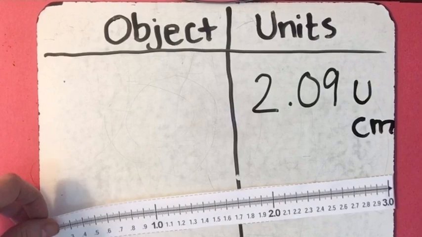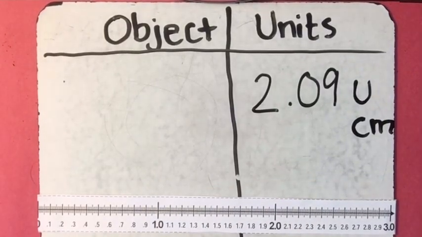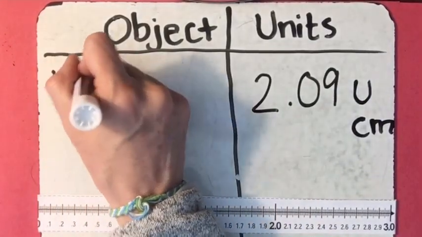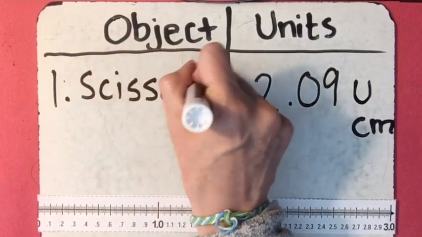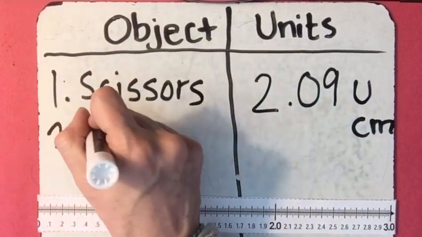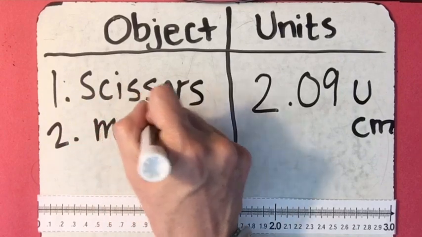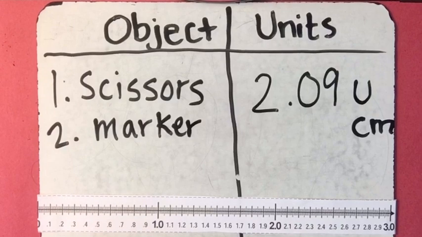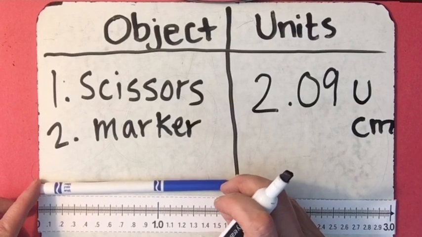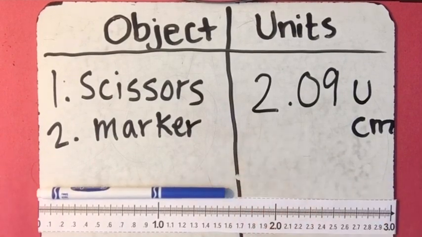Okay? Let's try a marker. So I better write this down. So I would write down scissors. And then I'm going to do my marker. And I can measure things that are bigger than this tool or smaller than this tool. That's totally okay. Because if you measure something bigger, you can go ahead and use this tool several times to measure.